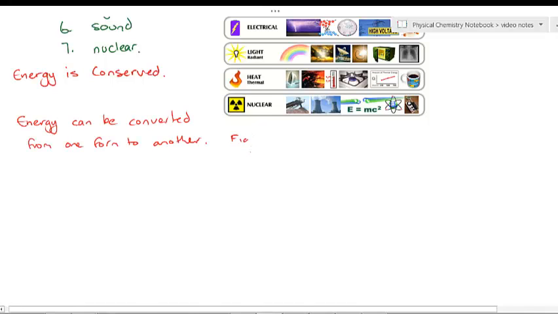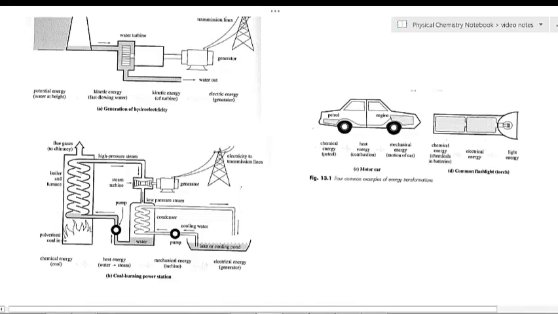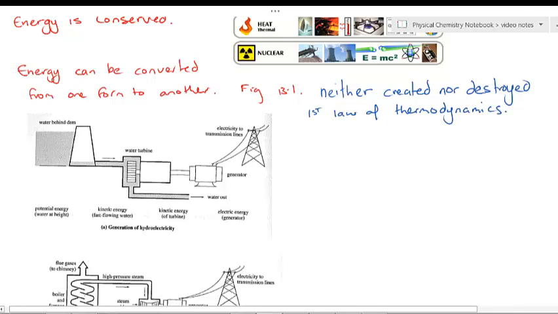So chemical energy can turn into electrical energy, mechanical energy can turn into heat energy. The examples are given in the figures in the chapter, which show the conversion of energy between various forms. Remember, they're neither created nor destroyed.